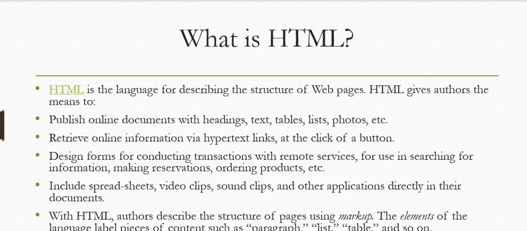HTML is described as a markup language, which you'll figure out why momentarily. There are elements featured within HTML that allow a computer to understand what it means and produce the information for you to see.